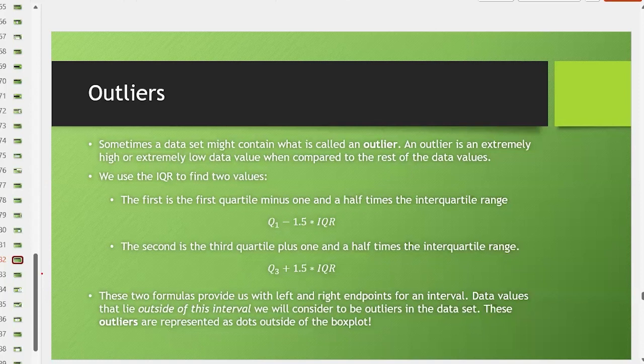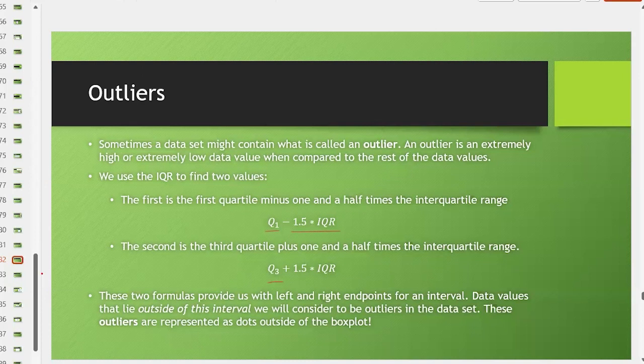We're going to say that any number that's more than 1.5 times the interquartile range away, below the first quartile or above the third quartile, we can call those outliers. In Excel, you'll see them in box plots as dots. They'll pop up as dots inside of those different box plots. And I think we'll be able to do that with one of ours as well.